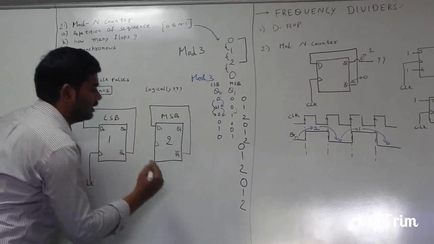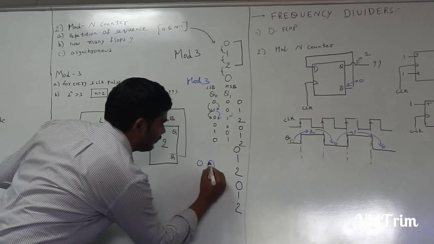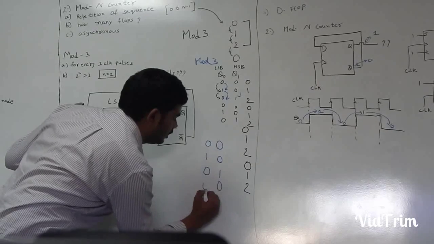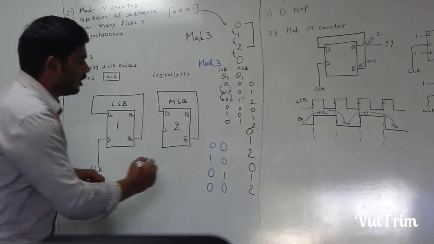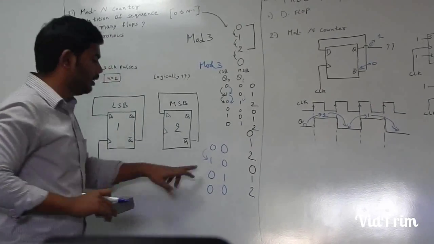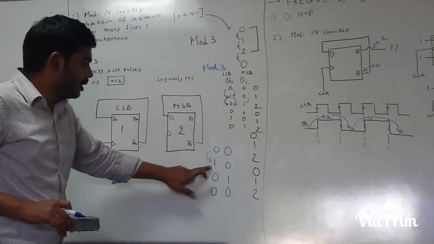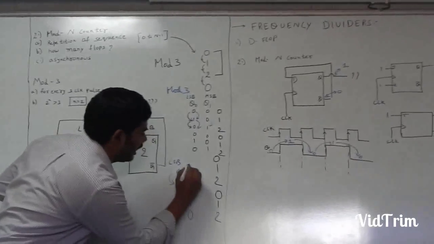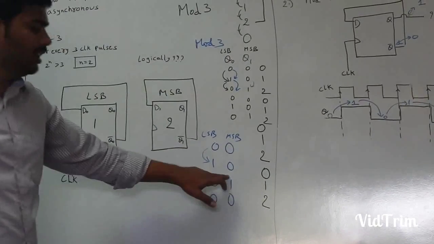Let me represent it here again. 0, 1, 1, 0, 0, 0. 0 is toggled, 0 is changed to 1. But here, when LSB is changing from 0 to 1, should there be any change in MSB?